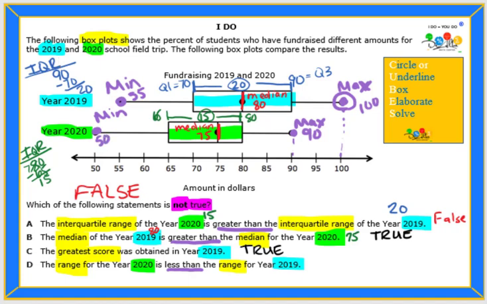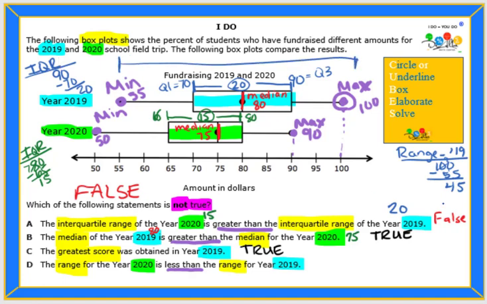Now remember, to find the range, we're going to subtract those. For 2019, the range would be the maximum, which is 100, minus the minimum, which is 55, and that would give us 45. So the range from the minimum all the way to the maximum is 45.